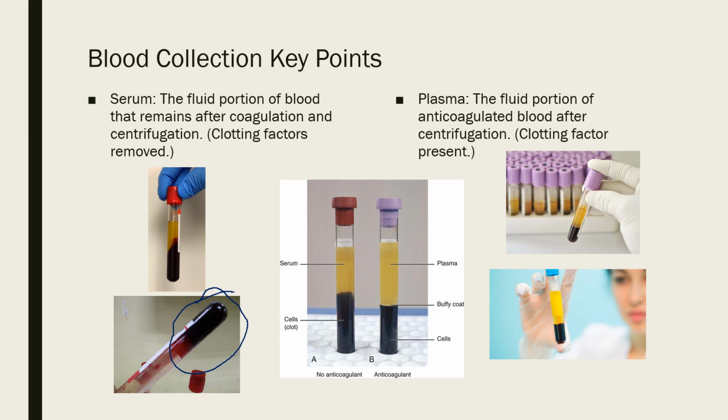You may have a little bit of liquid that flows down where that plasma is already trying to separate out, but for the most part you're just going to have one big clot. And when you spin that tube down, it's essentially going to look the same. So your serum tubes are your red tubes, and it could be a red tube or a gold tube, but essentially that little rubber stopper at the top is going to be red.